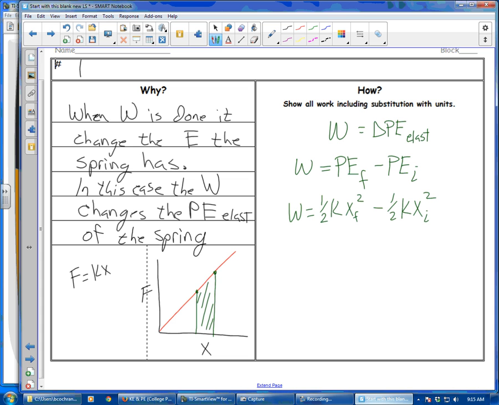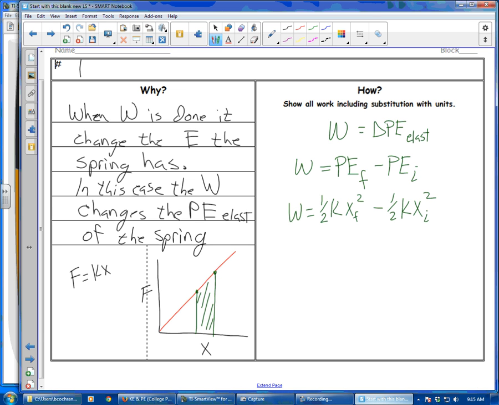Anything that I can factor out of those two to combine and maybe to make my life simpler? I can't pull out the square, no, I can't, because that square is only applied to the x. You're going to have to have brackets around. But I can pull the 1/2 and the k out.